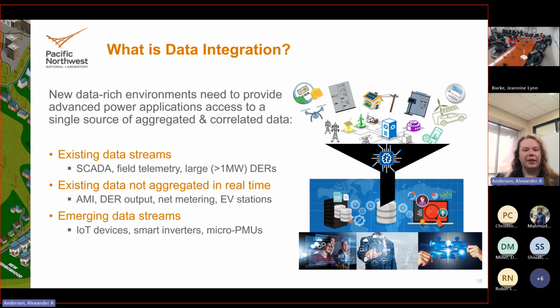And then emerging data streams from IoT devices, smart inverters, micro PMUs, emerging point-on-wave data. We need a way to bring that back together, map it to the correct physical asset, map it back to the correct modeling object in your PSSE or OpenDSS simulation.